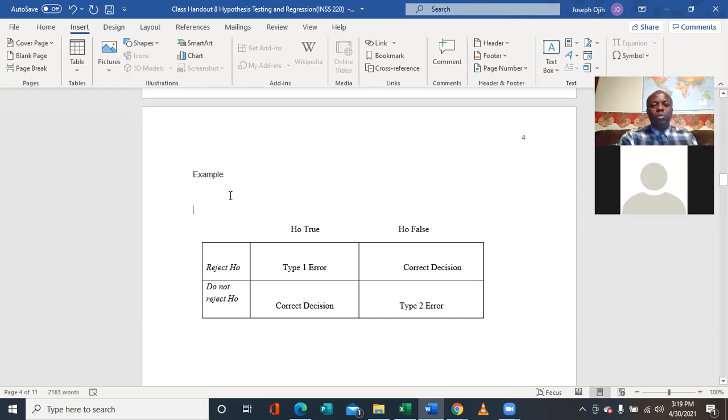In this case, we have 4 scenarios. The first one is this: the vaccine protects from COVID-19.